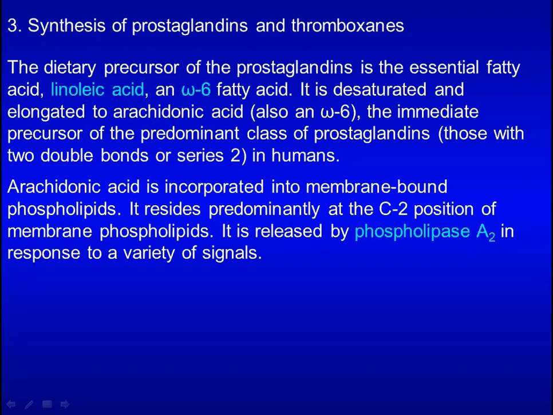It is desaturated and elongated to arachidonic acid, the immediate precursor of the eicosanoids. Arachidonic acid is incorporated into membrane-bound phospholipids at position C2 of glycerol. It is released from phospholipids by phospholipase A2 in response to signals.